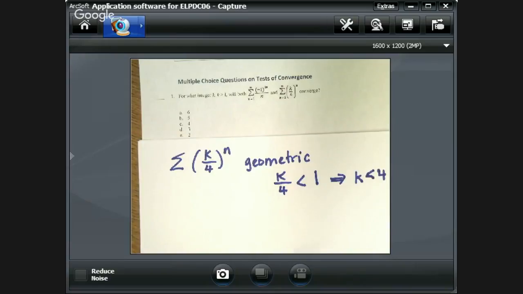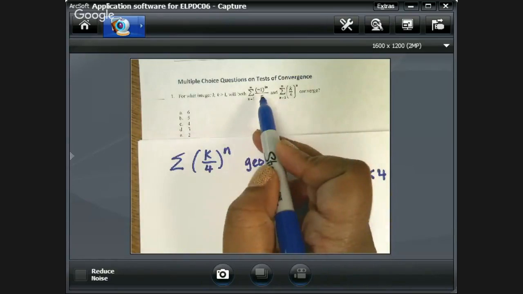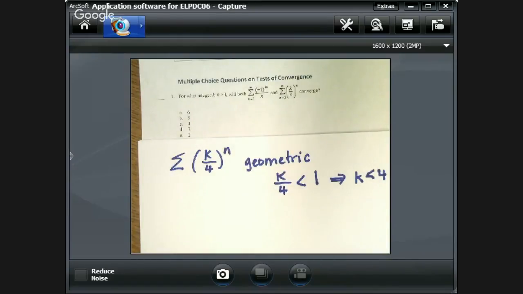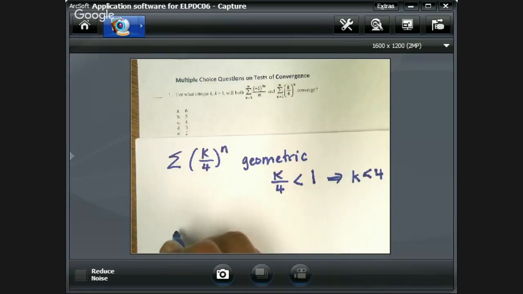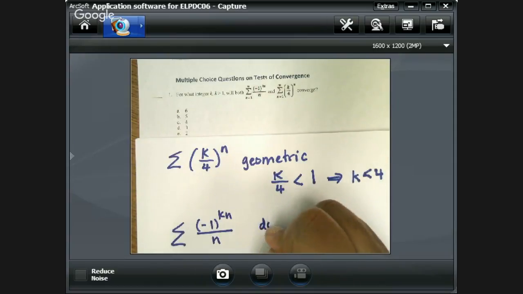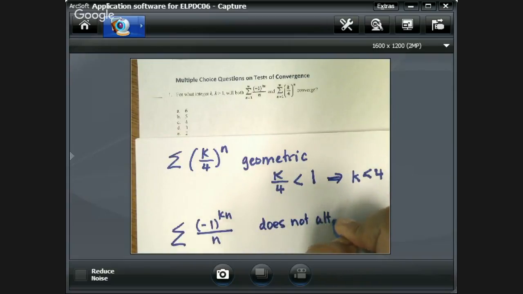So now I look back over here at the other series, and because of this -1 raised to a power, it'll probably be alternating, but it's only going to alternate in certain cases. This does not alternate if k is even.